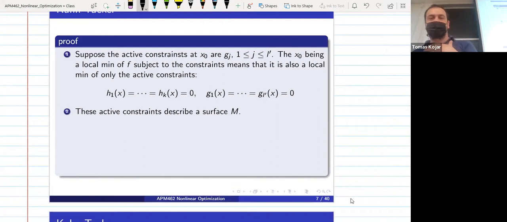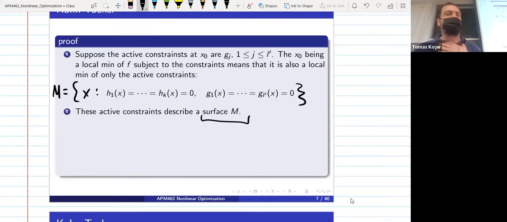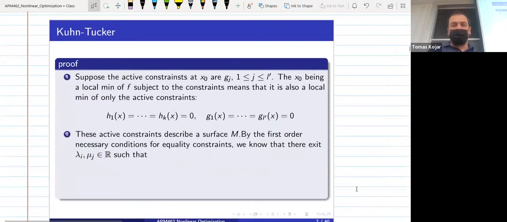This is how we define the surface as all the x that satisfy this. All right, some hyperdimensional surface.